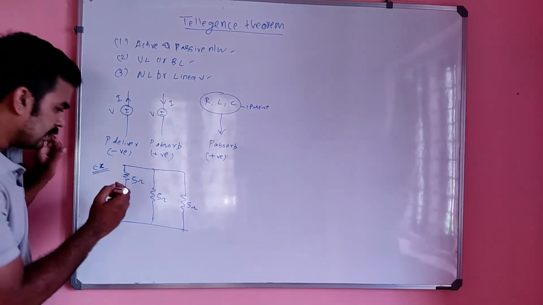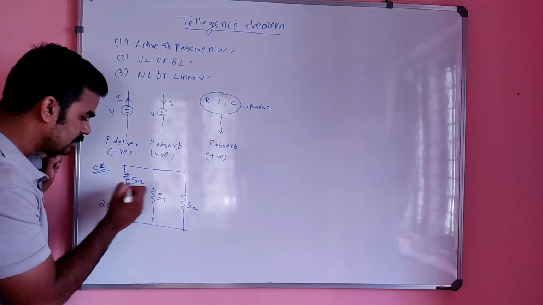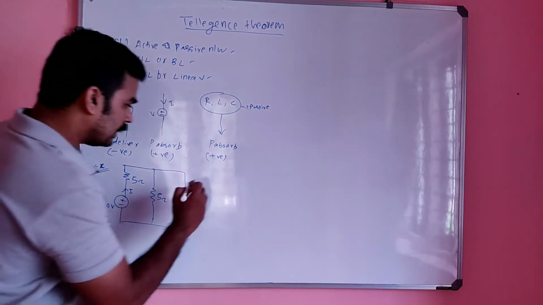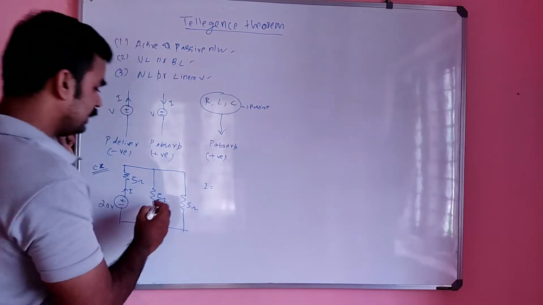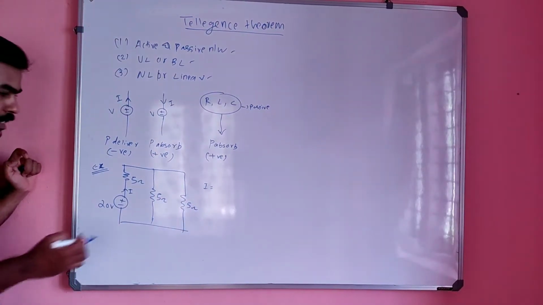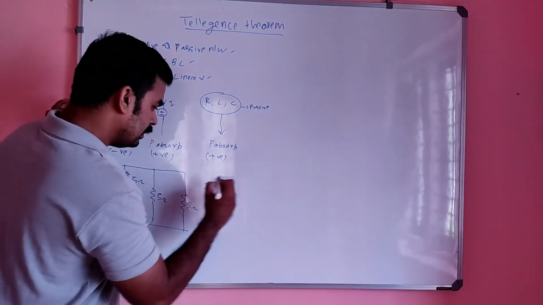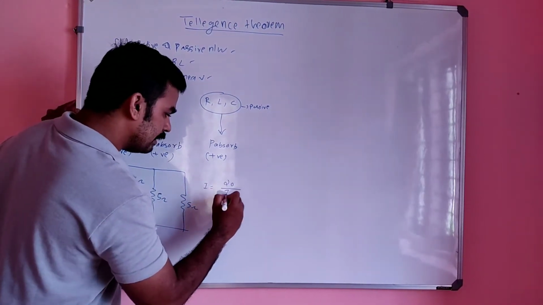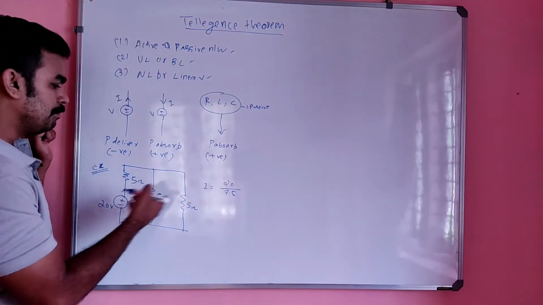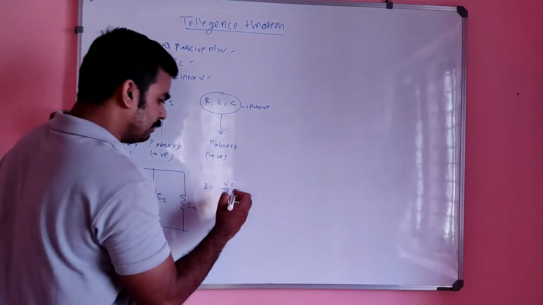What is the total current I here? These two 5 ohm resistors are in parallel, and that is in series with this 5 ohm. So it will be 20 divided by 7.5, since 5 plus 2.5 is 7.5.